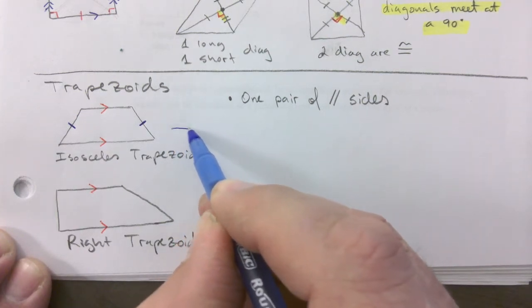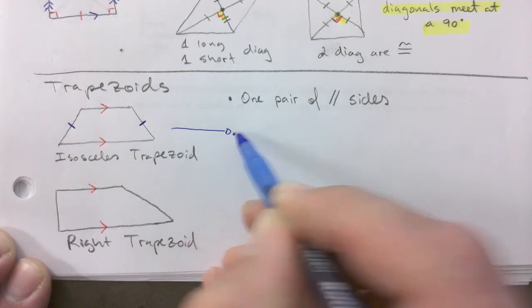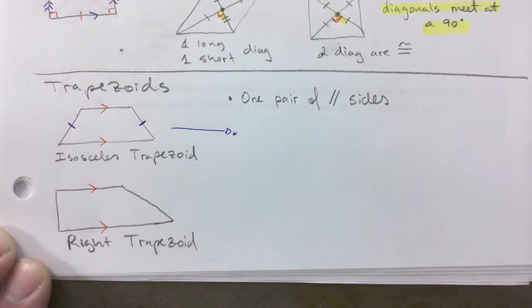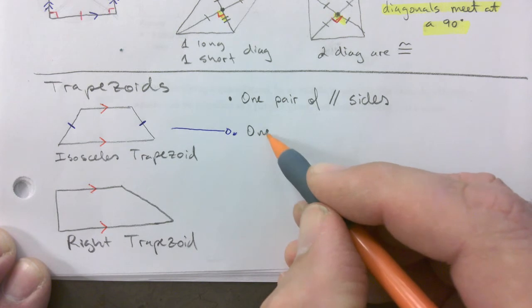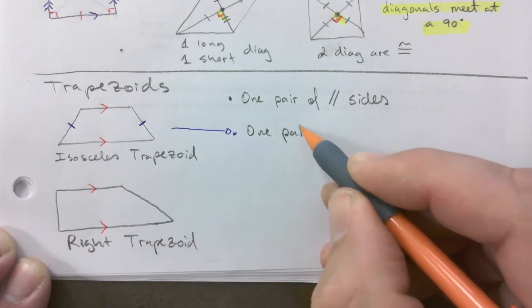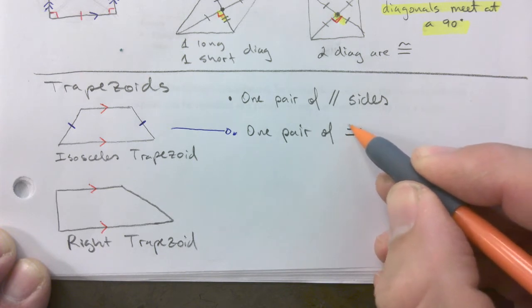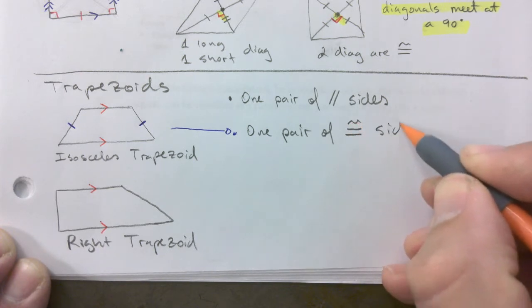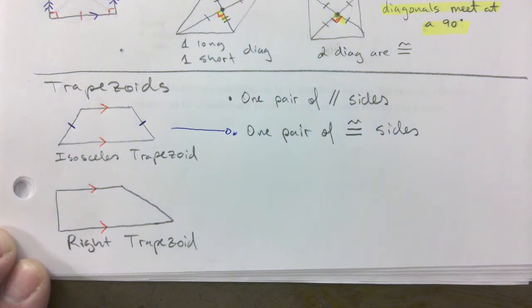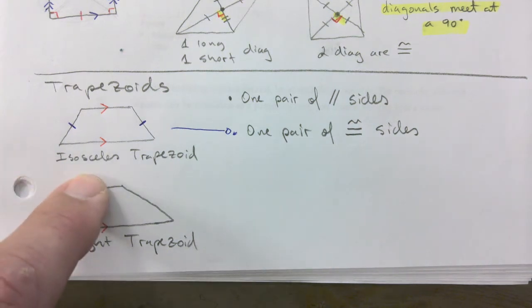We'll make an arrow come out of that and just say one pair of congruent sides. That's specific just to the isosceles trapezoid.